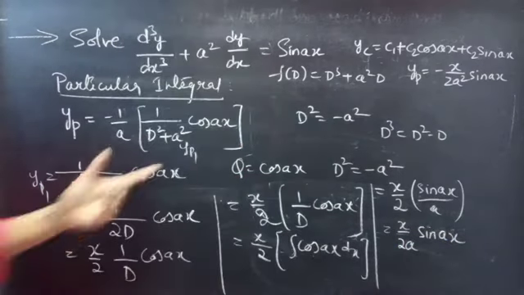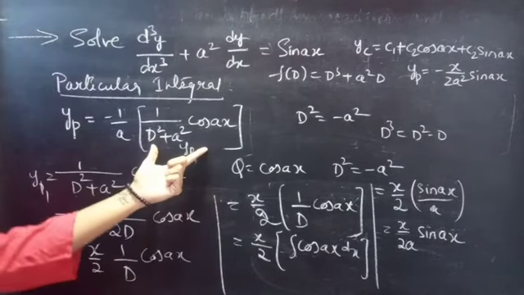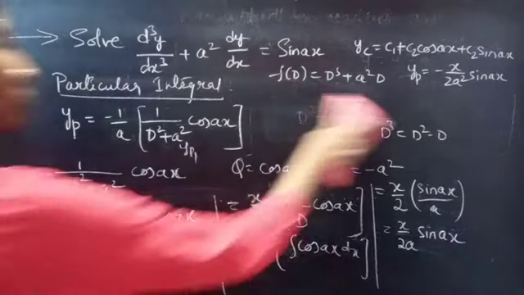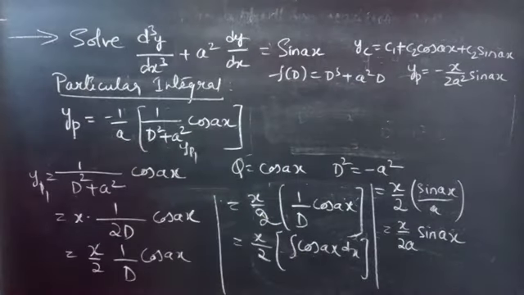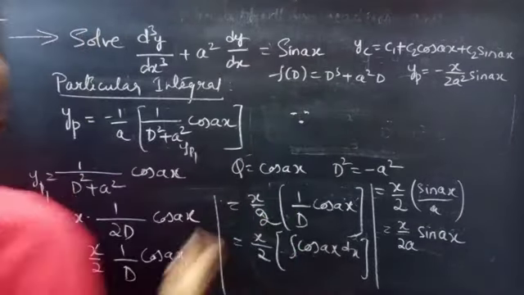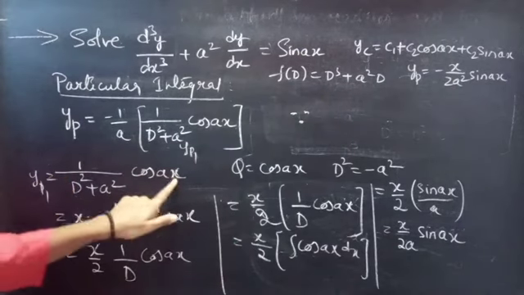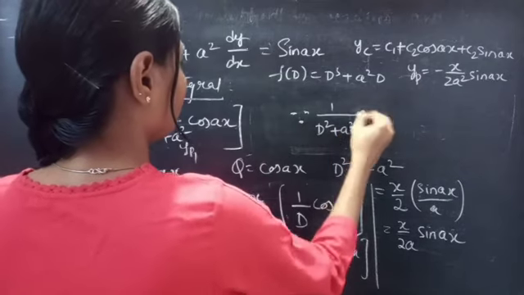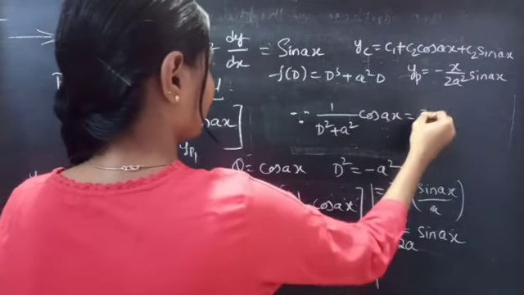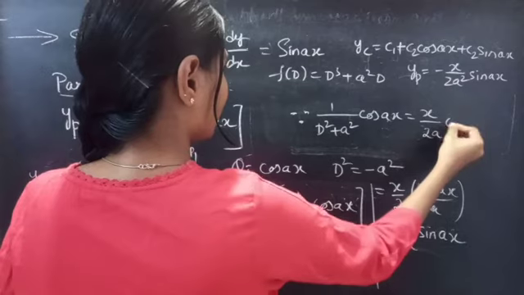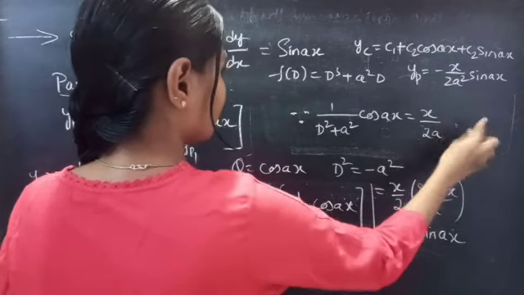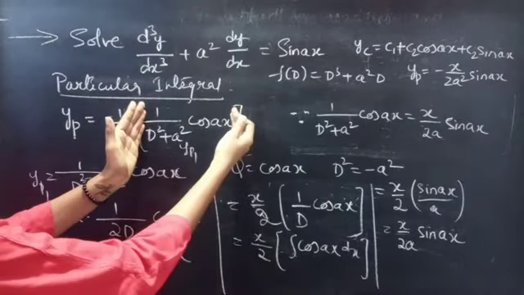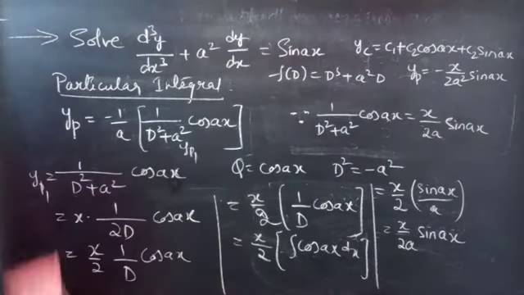We got the value of yp1, which is x by 2a into sine ax. Since 1 by D square plus a square cos ax equals this one, let's replace it by x by 2a sine ax.